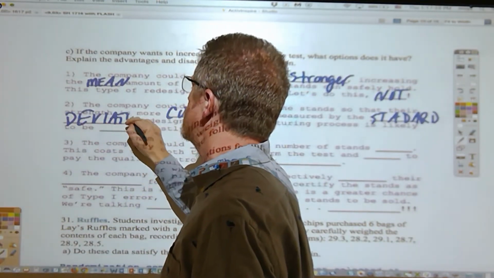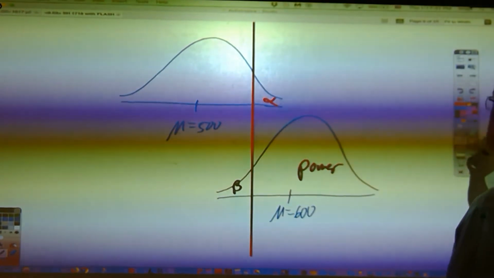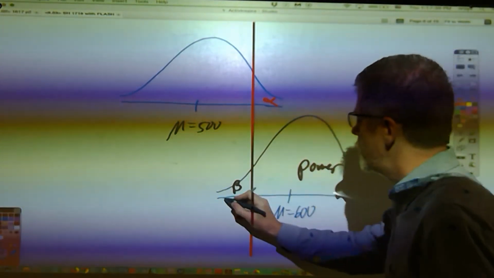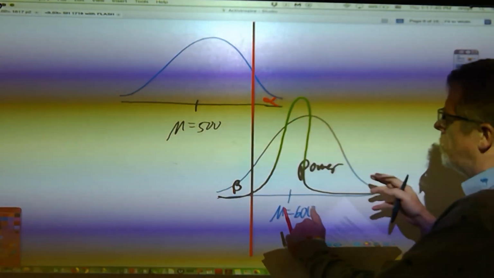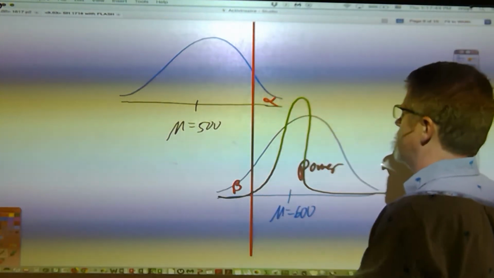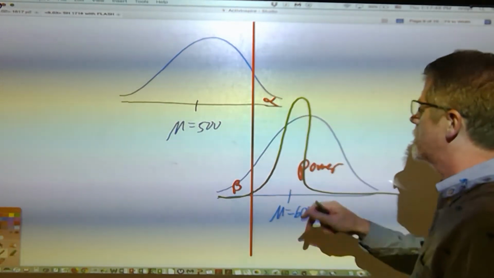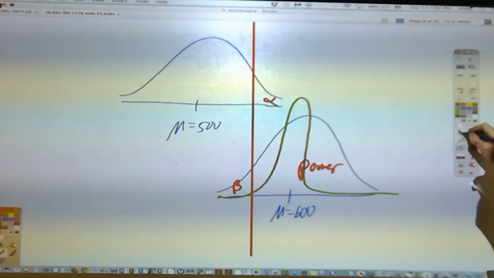If we go back to the diagram, if we make it more consistent, then the curve would have a smaller standard deviation. And as you can see, beta would be really small if the standard deviation came down. Beta would be small, and so power, which is 1 minus beta, would be much larger. That would increase the power.